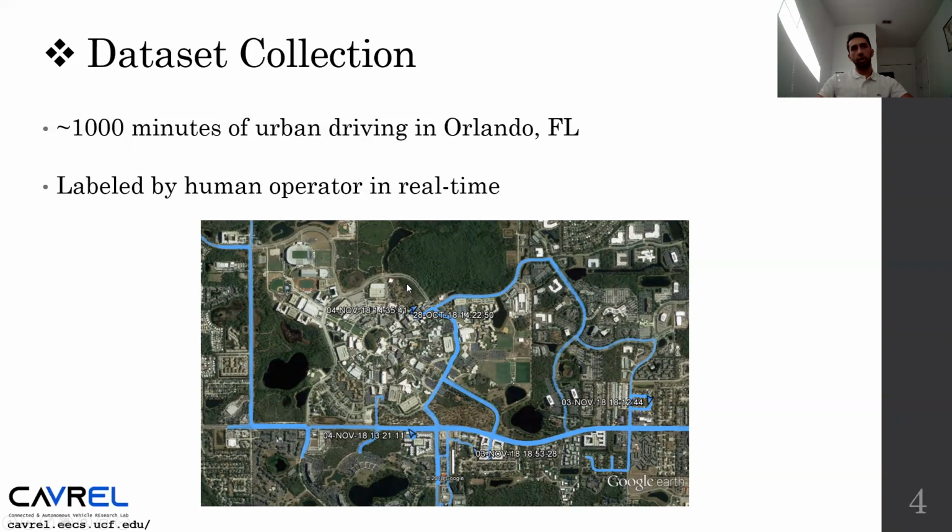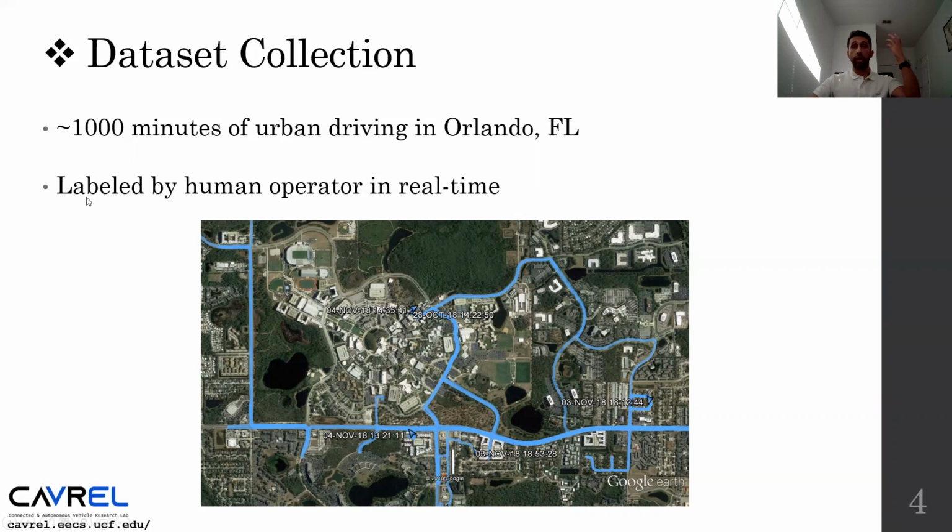The procedure was this: we used a Ford vehicle, because Ford Motor Company gave us a logging device that we could use to access most of the CAN bus information on Ford vehicles.